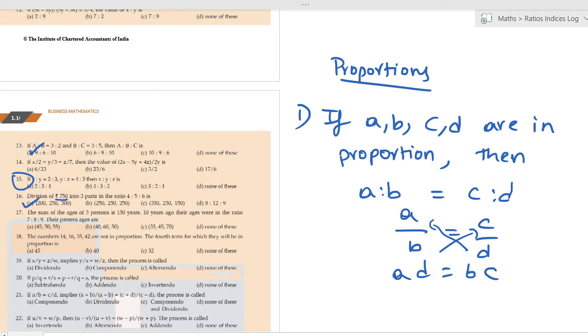Okay, so if A, B, C, D are in proportion, then A is to B equals C is to D, and AD is equal to BC. So this will be useful in solving questions.